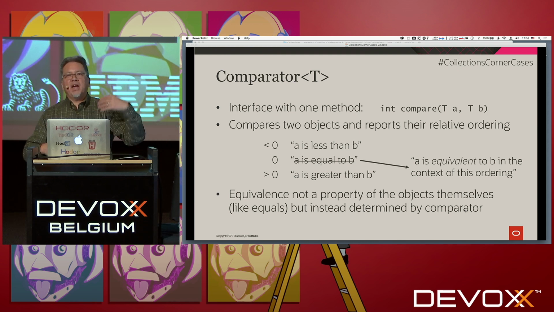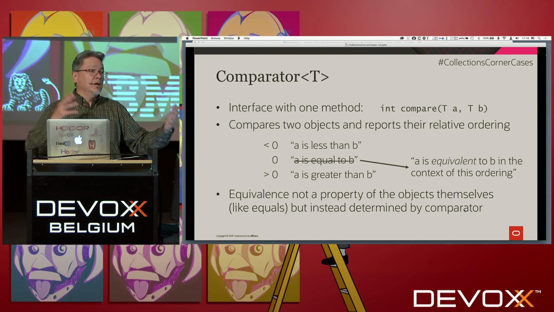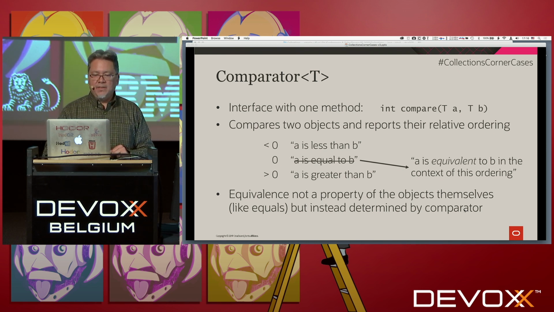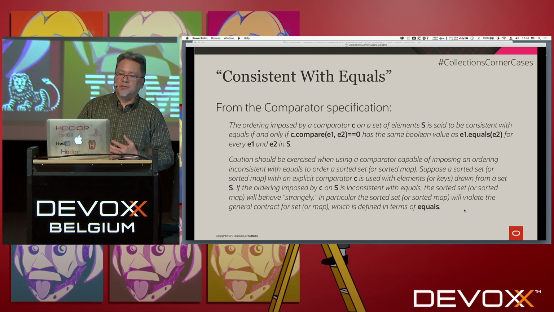So it's the comparator supplying the semantics here. What does it mean for this comparator to return 0? Well, it depends what the intent of that comparator is. But the key is that the comparator returning 0 is what determines membership in one of these sorted sets, not object.equals. And that is the source of a lot of confusion.